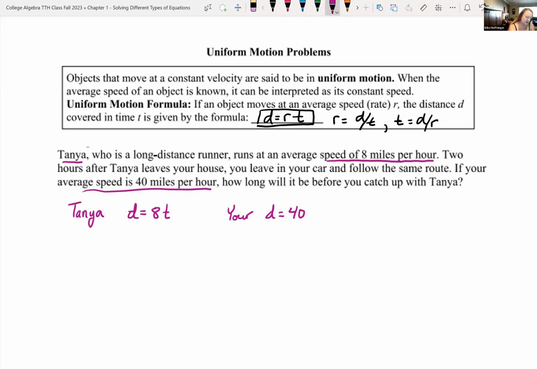If t, though, is equal to the time Tanya traveled, or runs, you leave 2 hours after Tanya. So you have t minus 2 is equal to the time it takes to catch up.